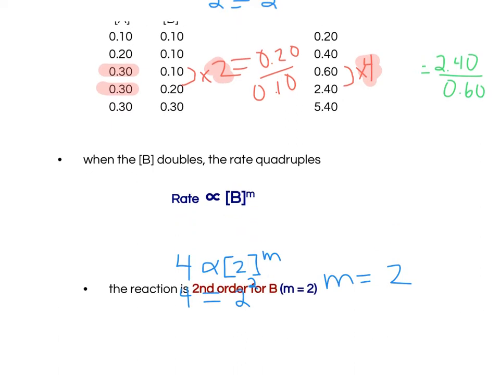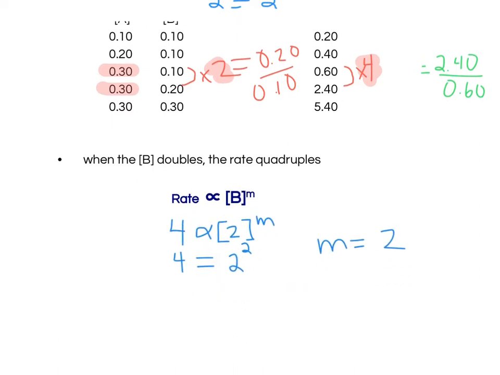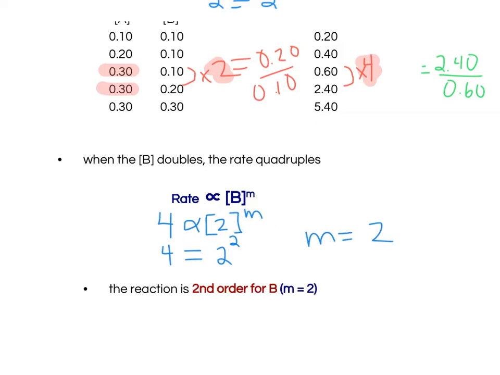So what does that mean? That means that our rate is second order with respect to B. So the reaction is second order with respect to B. So we're in pretty good shape here. We figured out what our values are for both n and m, the exponents in our rate law, but we're not quite done.